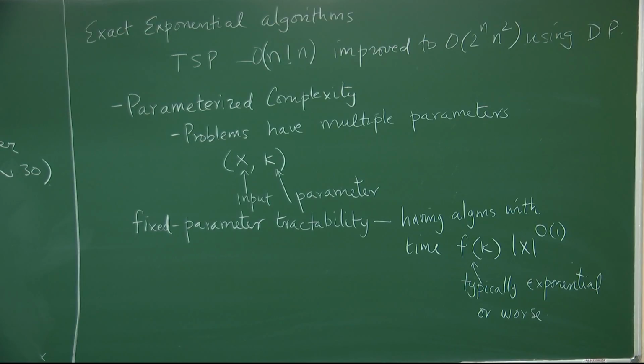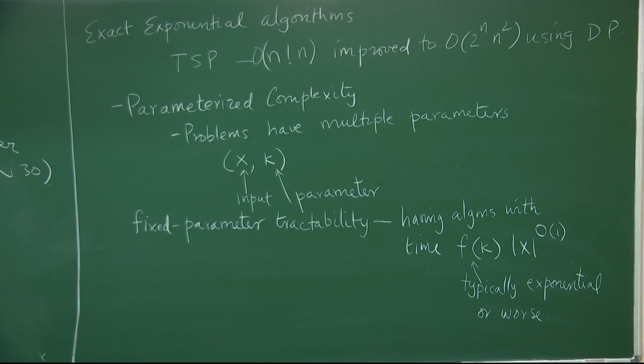You can think of enumerating all 0-1 strings with at most 30 ones, for example. A subset of a vertex set is a 0-1 string.